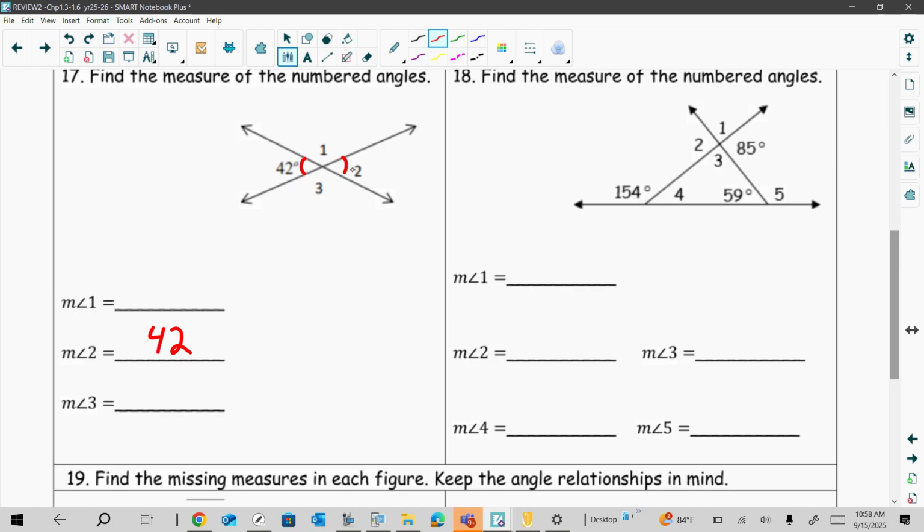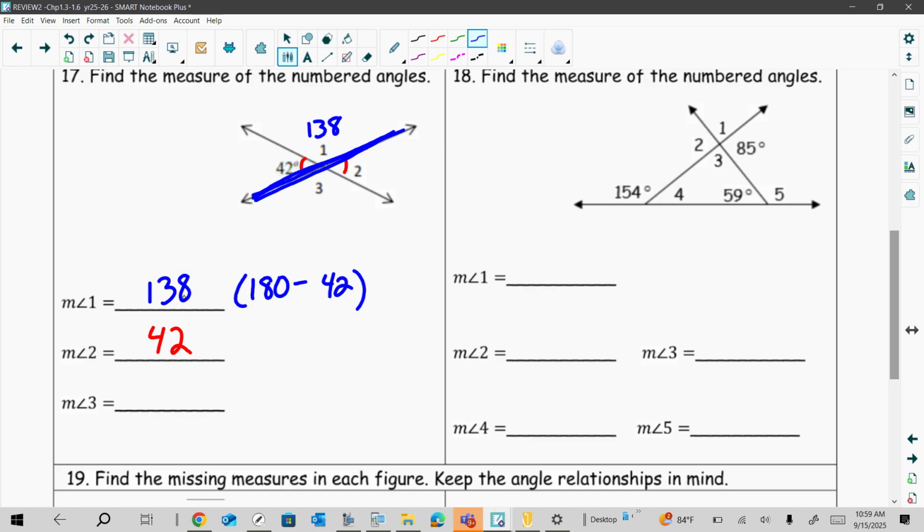Now to find angle 1, since it's a linear pair right here, it's on this line, and every line equals 180. So you do 180 minus 42. Yes, it is 138.